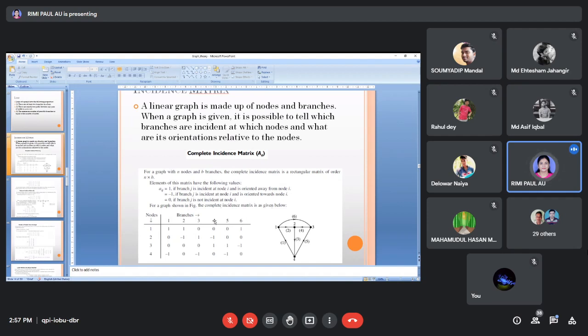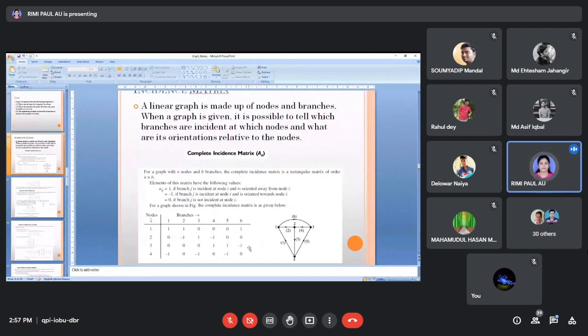So nodes and branches. Now you can see that with node 1, branch 1, branch 2, and branch 6 are connected. So these branches will be represented by 1, and those branches which are not connected to node 1 will be represented by 0. We can see that 4, 5, and 3 are not connected to node 1, so these are 0.